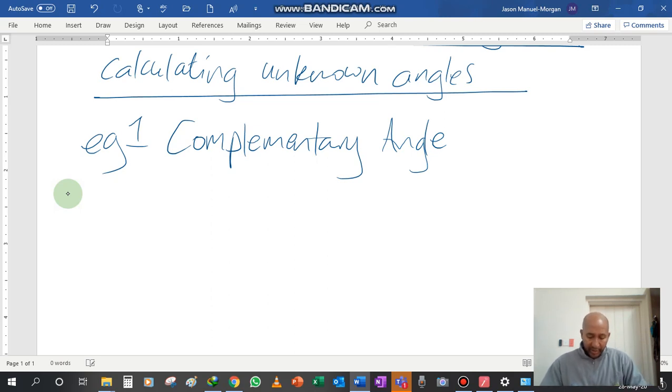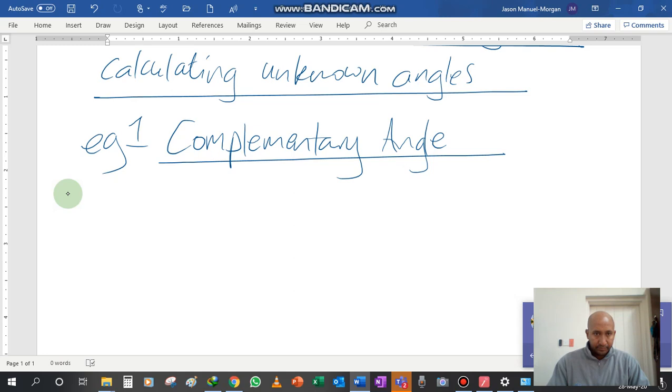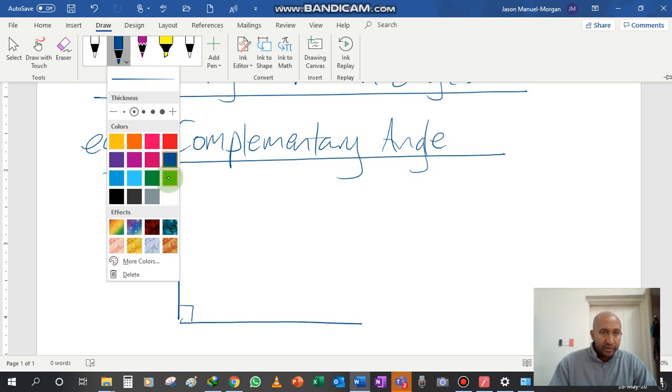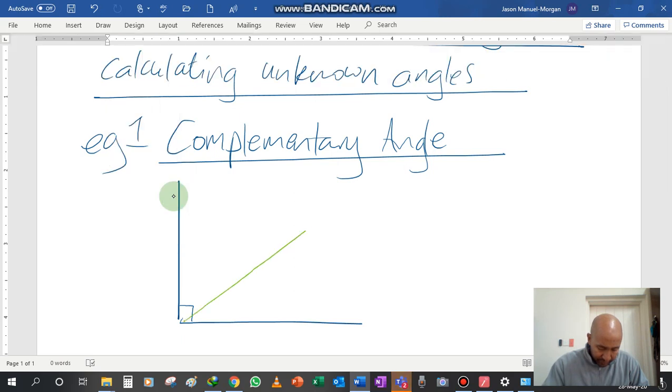And what a complementary angle simply is, I'll draw it here for you. It is a 90-degree angle. So this was 90 degrees, and then it has simply been divided in two. That's it.